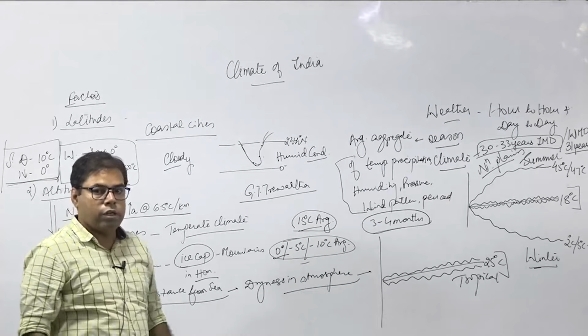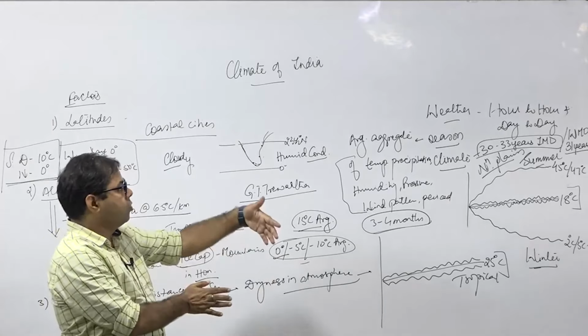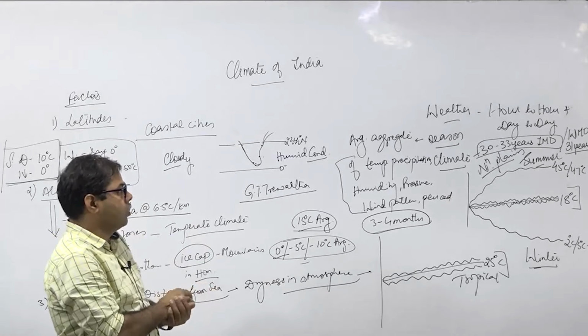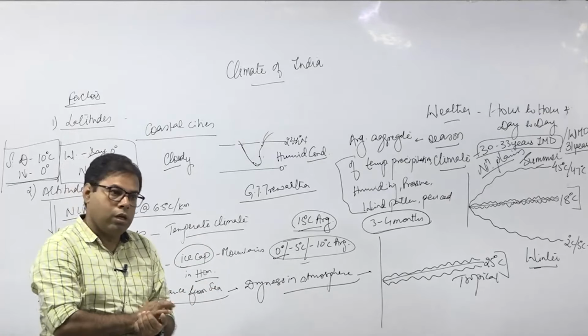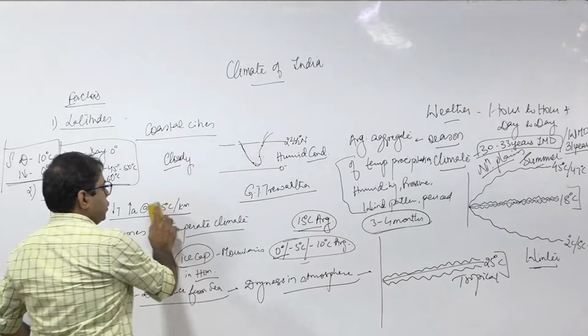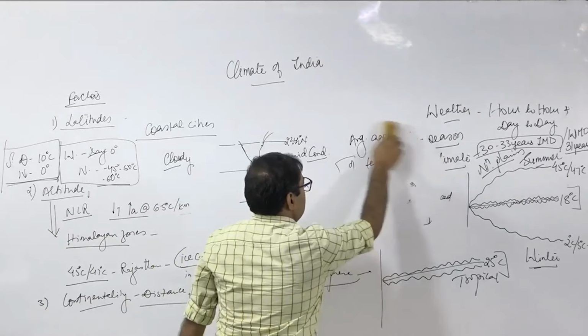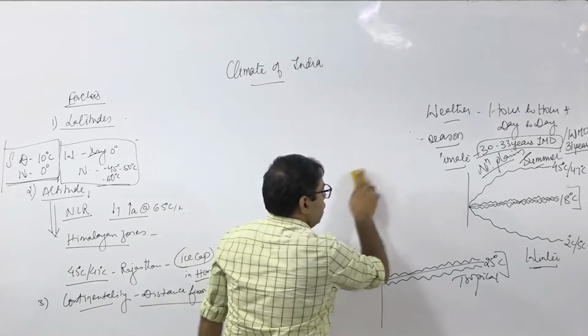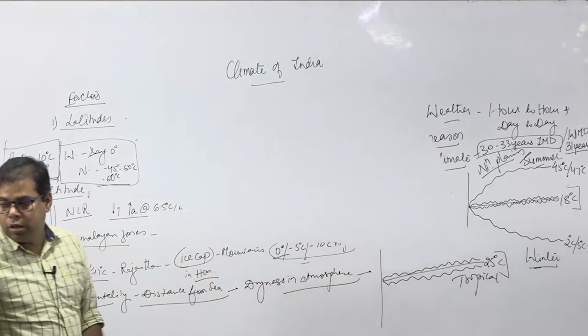All of this is taken in the aggregate of 30 to 33 years. WMO is considering it for 31 years, right? So latitude, altitude, continentality are responsible for controlling or developing the climate of an area. Then after that there is the wind pattern.